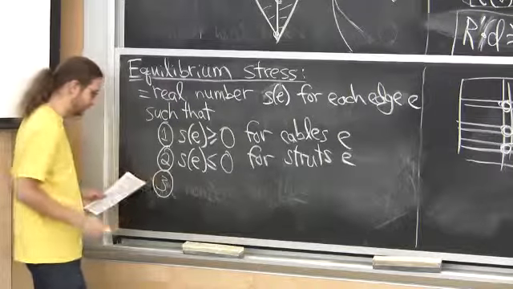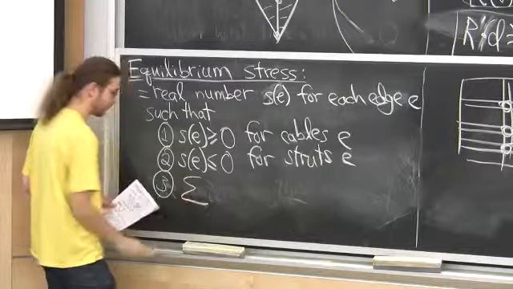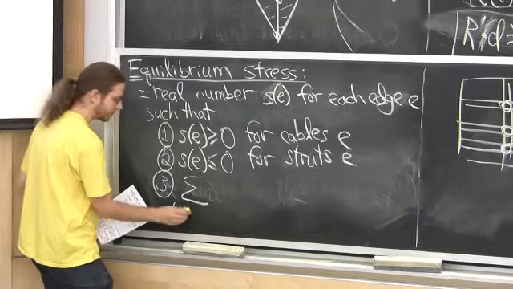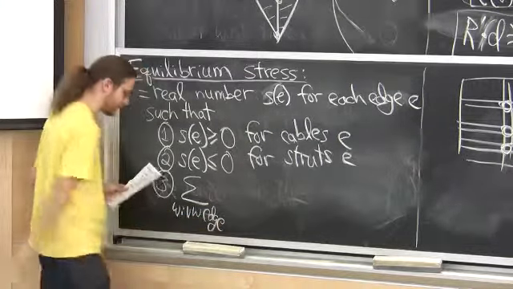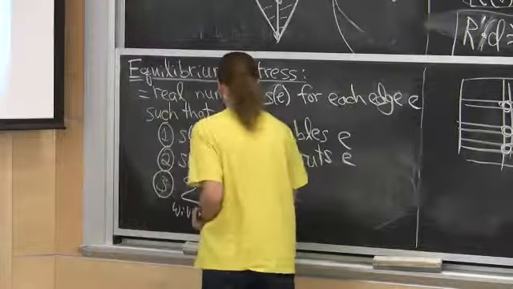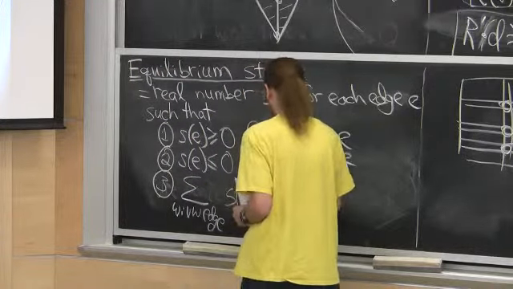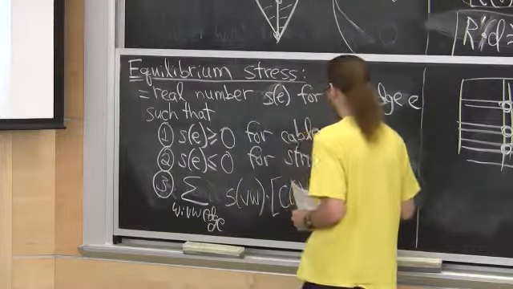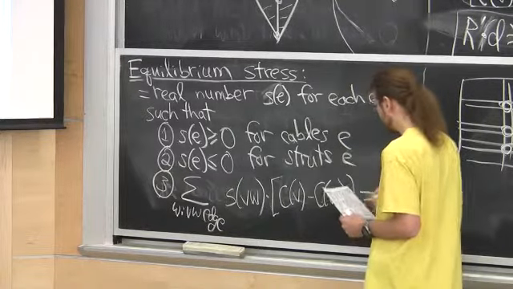And then there's the equilibrium condition, which is that if I take the sum over all vertices W, where VW is an edge, of the weighted vector C of V minus C of W. So I forgot to mention we're assuming we have some configuration of our linkage, of our tensegrity, sorry.